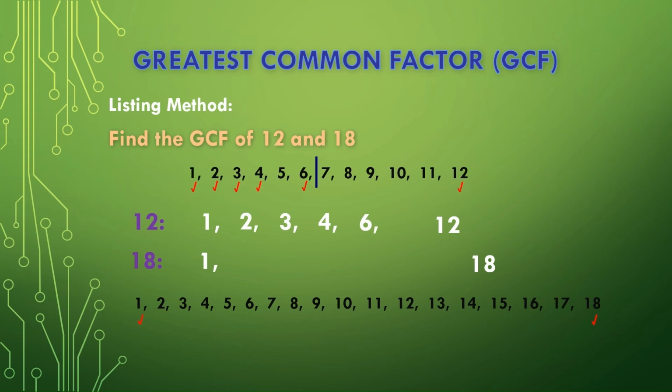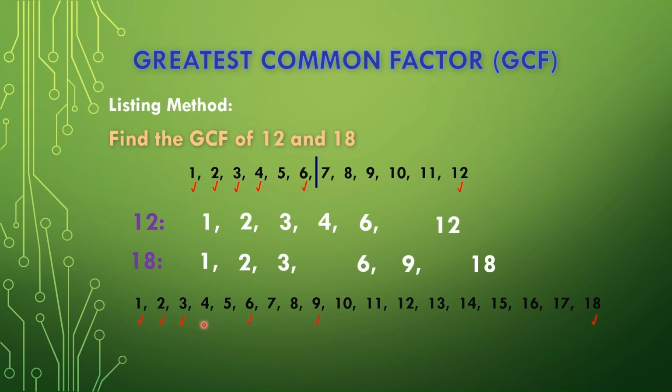Next, 2 times 9 is equal to 18. So let's write down 2 and 9. Let's check 2 and 9. 3 times 6 is equal to 18. So let's write down 3 and then 6. Let's check 3 and 6.